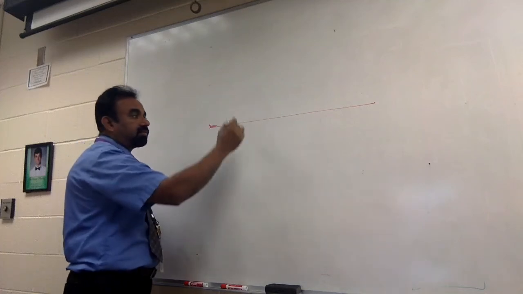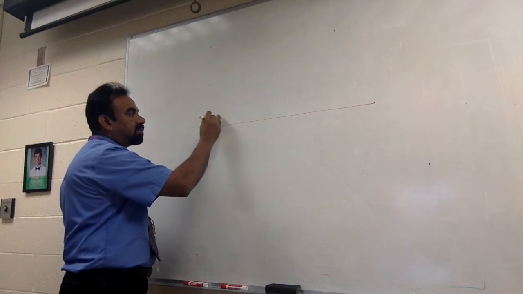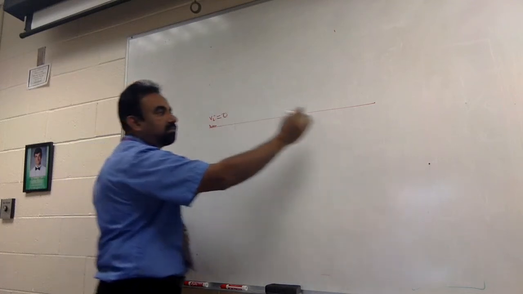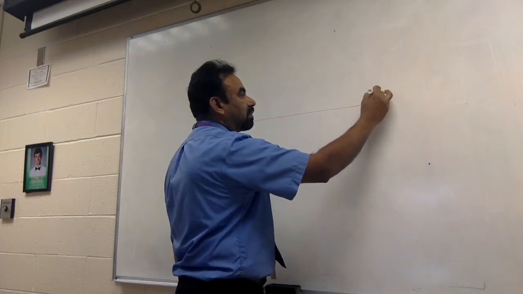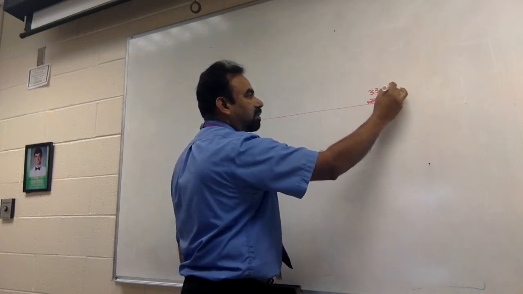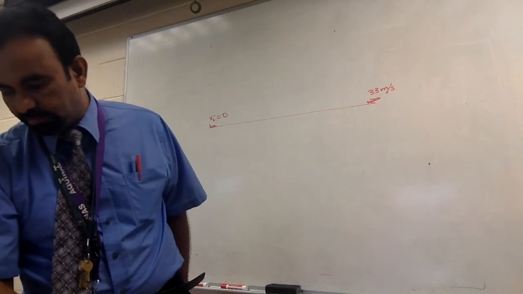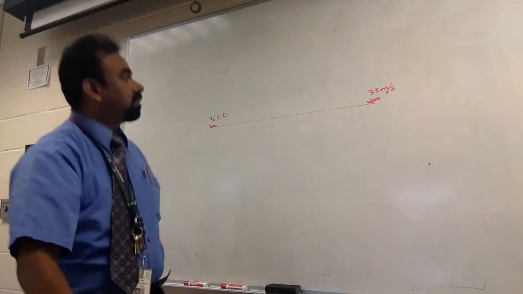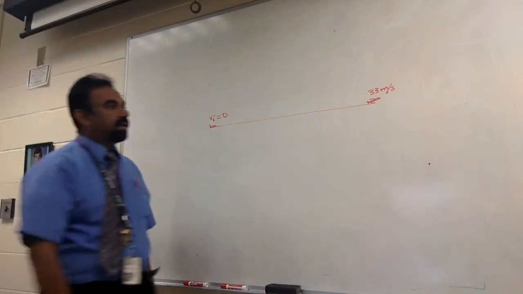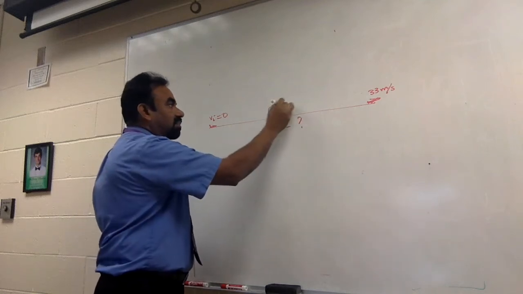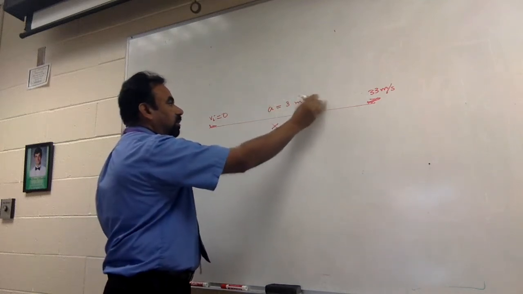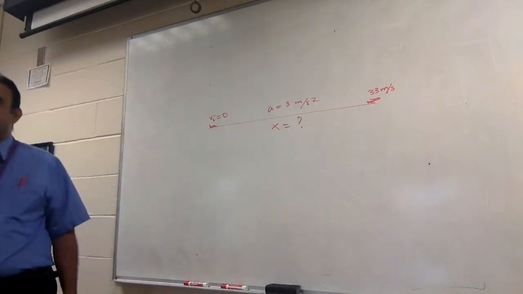So that's a runway, that's a plane. It needs to take off. Initial velocity is, final velocity while takeoff is 33 meters per second. And this is what is asked. And they gave you the acceleration is 3 meters per second squared. What equation do you think is going to be applied?